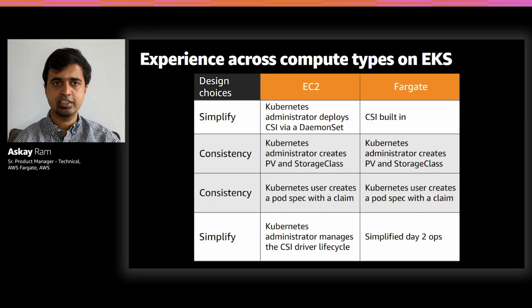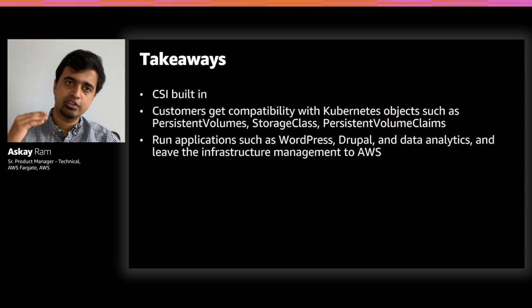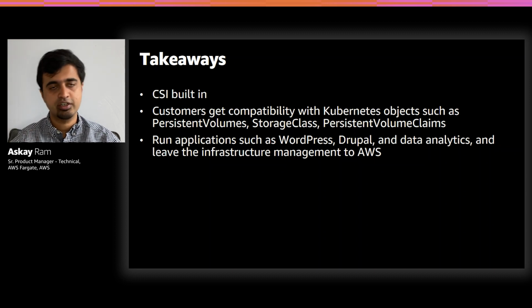And rows 2 and 3 say you get the same consistent interfaces across both EC2 and Fargate in terms of the Kubernetes objects you're familiar with. So what are the takeaways? Applications are not infrastructure. The CSI driver is built in, it's an infrastructure component, so those bits are built in, so you focus on the higher order bits, which is your business logic. You get the same consistent Kubernetes objects you use, so your switching cost is minimized.